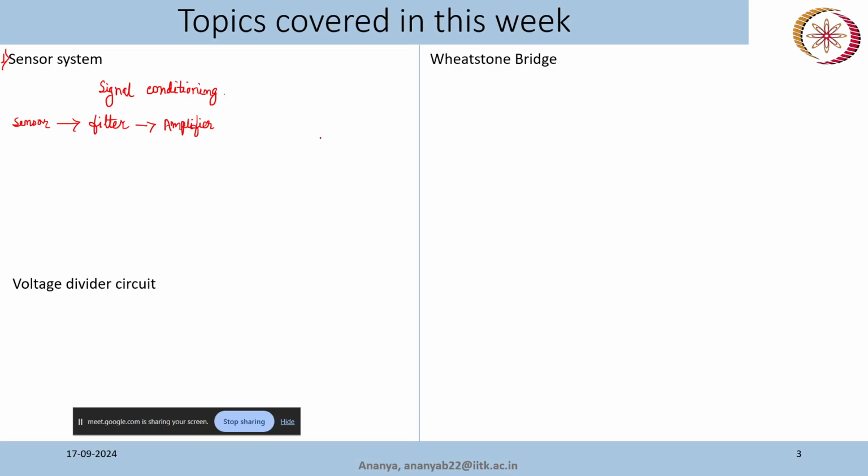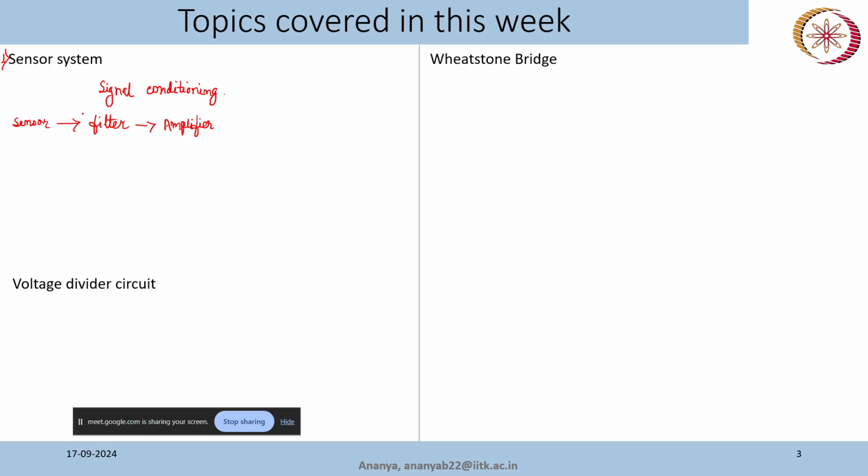So we typically need an amplifier, and before that we filter the actual output signal. Why is the filter kept before the amplifier? Because if there is any noise in the output and we keep the amplifier first, that will also be amplified. So we filter out the signal we want, which gives us some information, and then we amplify that signal.